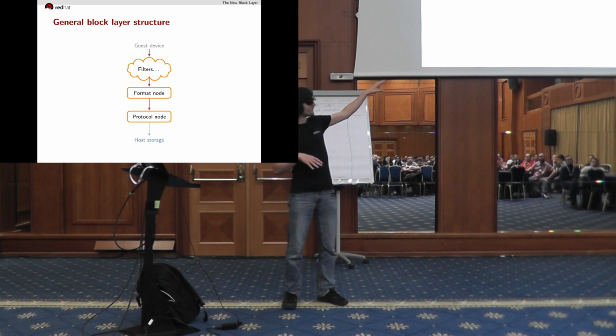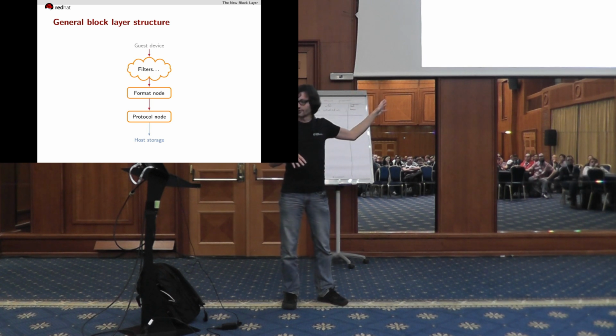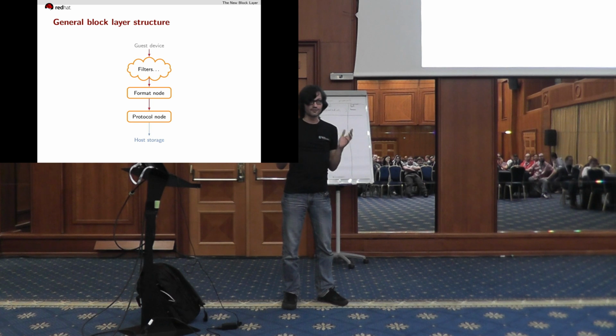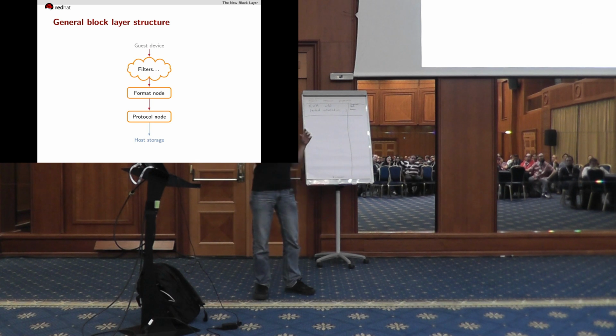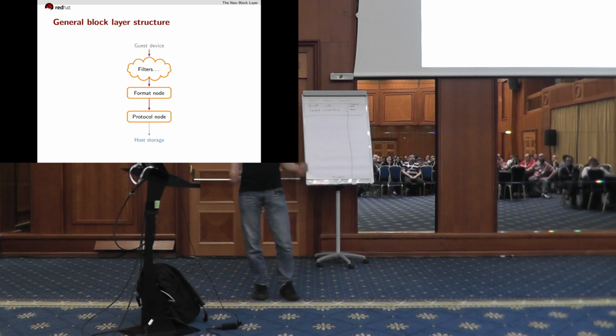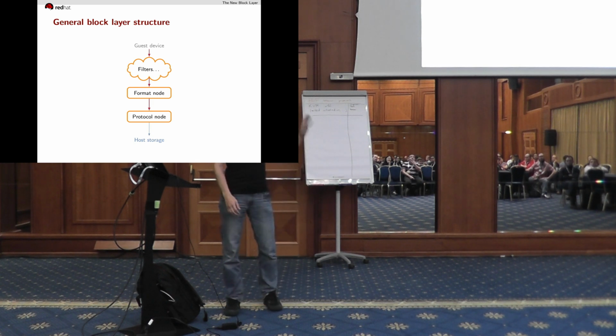And finally, at the bottom, we arrive at the protocol nodes, which do not have any other child nodes, but which access host storage. So they put the data outside of QEMU or get it from outside of QEMU. And then usually, you have your data stored in some form of image format, so you also need a format node on top of that, and then you can have all kinds of filters if you so desire. So this is a rather simple block graph because it's just linear.